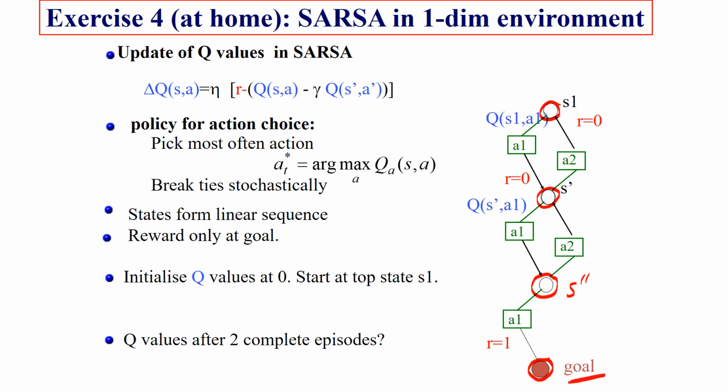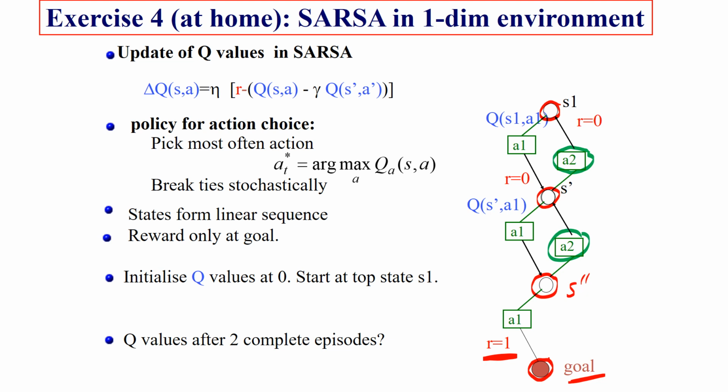I call it the goal state because the sequence terminates here, and also because you get a reward of 1. Now, in each of the intermediate states, you also have another action called action A2, and this action A2 always leads you back to the previous state.